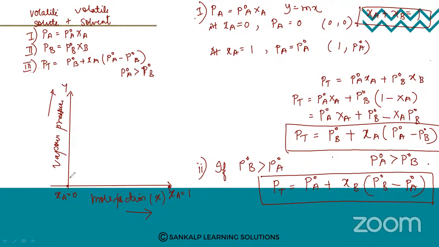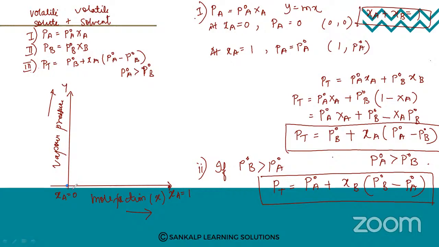Now, I'll take another color. So at chi of A equal to 0, P_A will be 0, so this will be at 0 itself. Both are at 0.